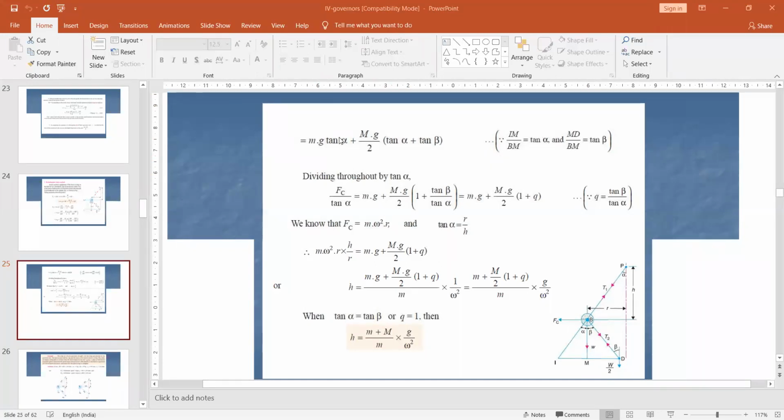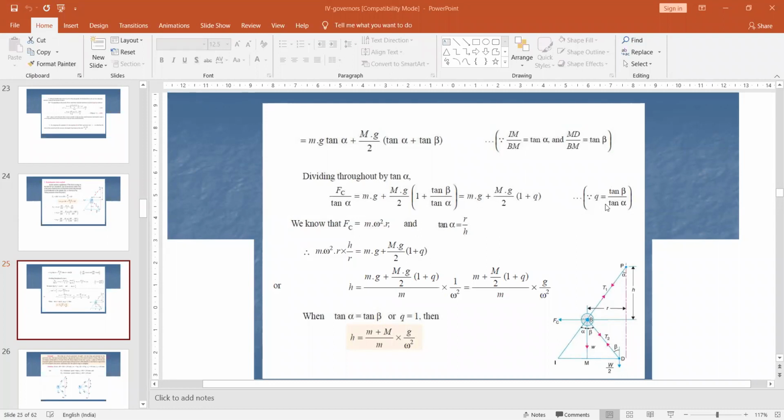Because the tan alpha cancels in the division, plus mg by 2 into 1 plus tan beta by tan alpha, that equals small mg plus capital Mg by 2 into 1 plus q.